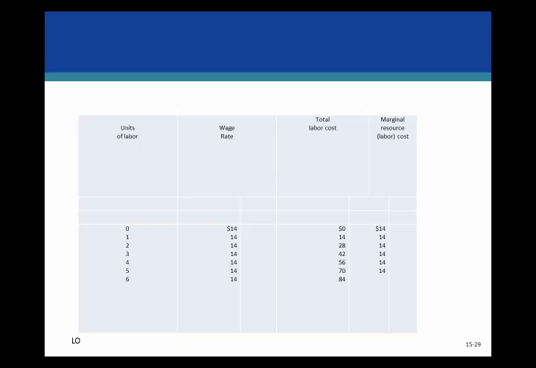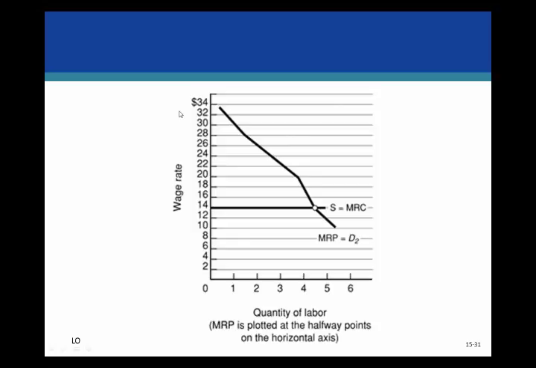So we're using some other information from Chapter 14. We're reviewing that labor demand. That's where we get this information in regards to our wage rate. We're trying to see where the marginal resource cost equals the marginal resource product.